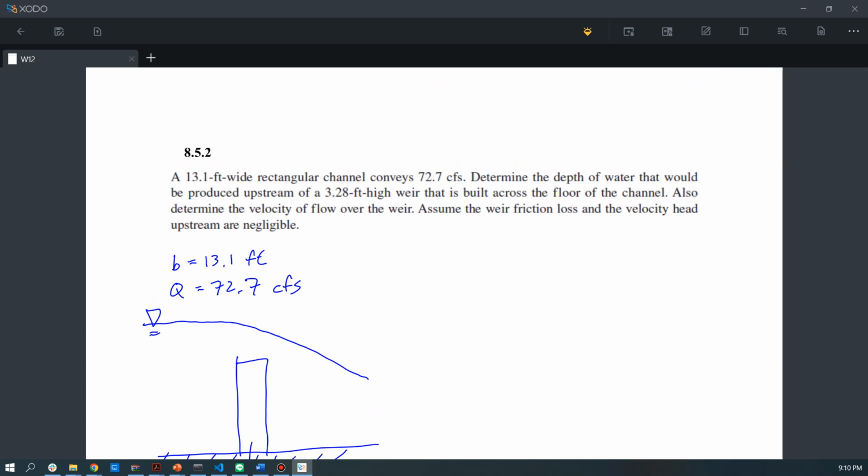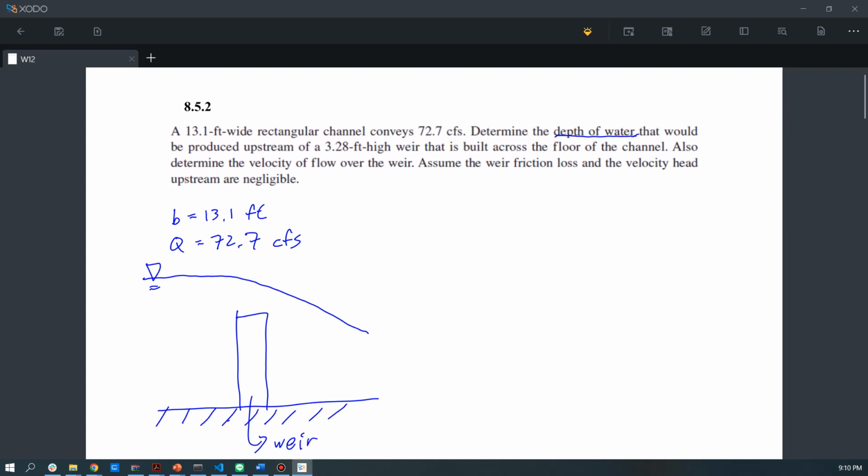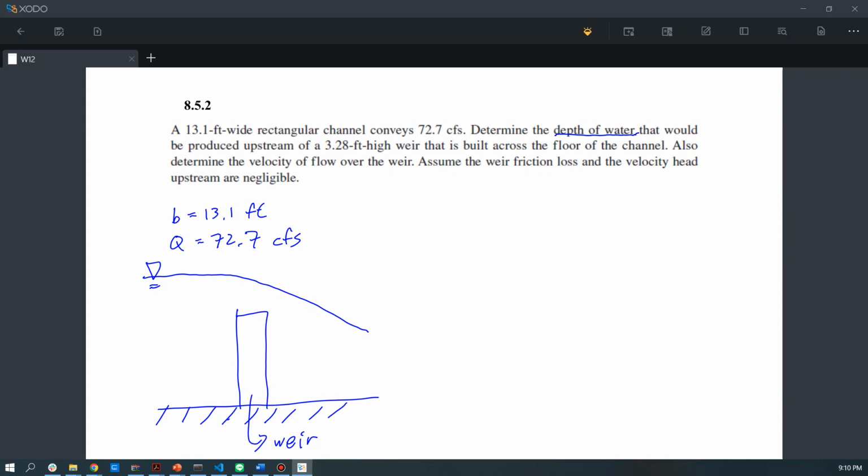The question wants us to determine the depth of the water at the upstream area, and also determine the velocity. We call this depth of water h, and the velocity v over the weir here. Okay, we want to know the v here.